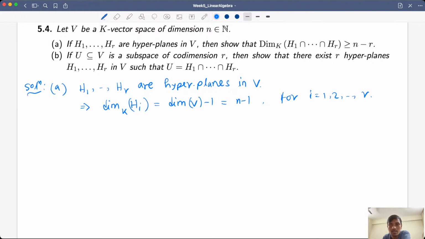Now we need to show that this is greater than or equal to n minus r. So let us proceed by induction on r.